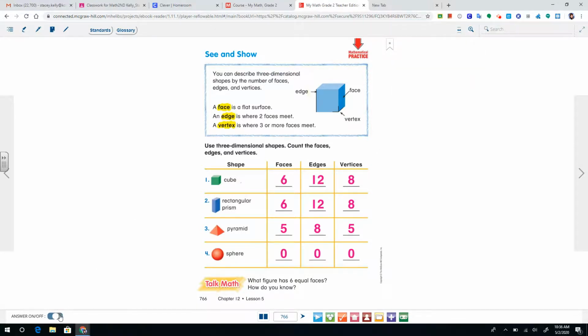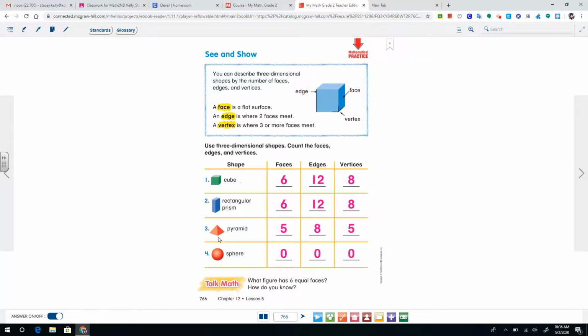you can see them. So it is 6 faces, 12 edges, 8 vertices. The 5 faces on the pyramid is because you've got that flat square on the bottom. So that's 1, and then 2, 3, 4, 5. It's kind of tough to see the pyramid, so I'll show you one in real life.